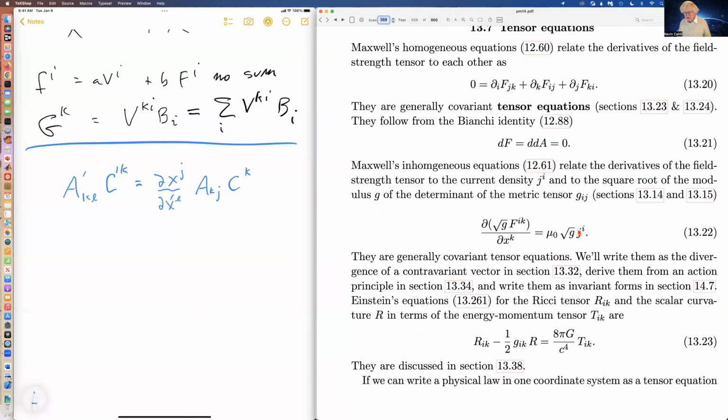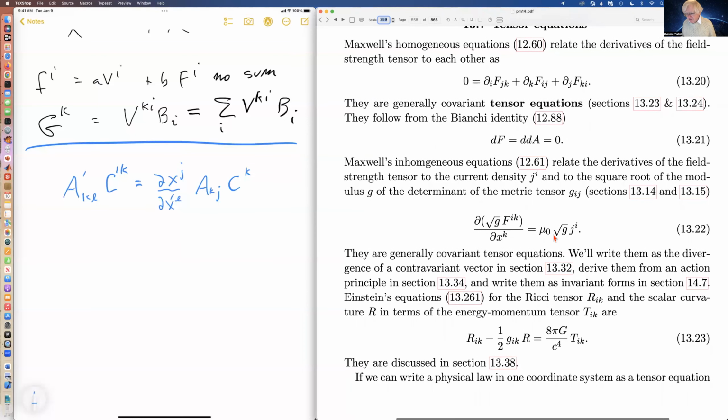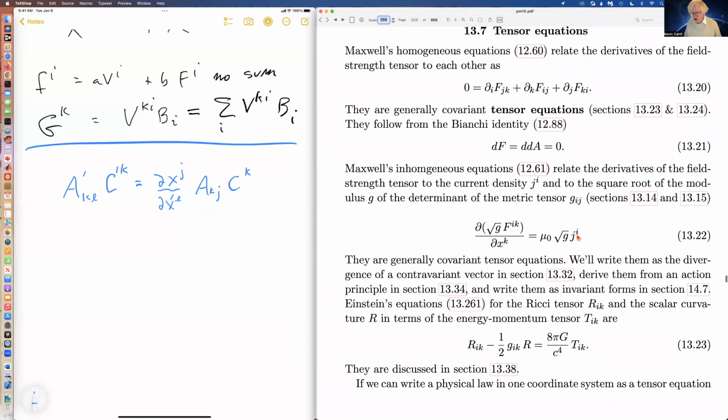The four inhomogeneous Maxwell equations in general that are of tensor form look like this. It's the partial of square root of g F^ik with respect to x^k is the magnetic permeability, I guess, of the vacuum times square root of g J^i.